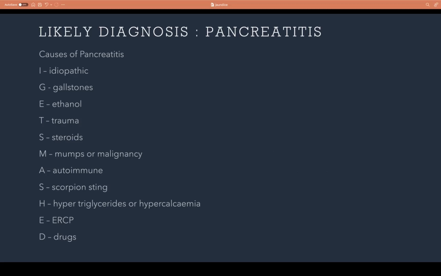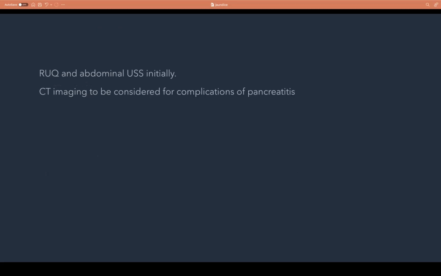ERCP is an important cause to remember, so we can actually cause pancreatitis by trying to image for pancreatitis. It's due to the contrast dye that they usually inject into the biliary tree, causing the sphincter to be irritated and closed, so a lot of the pancreatic enzymes can't drain, causing inflammation of the pancreas. And some medications as well to keep in mind. So in this case, it's gallstones.